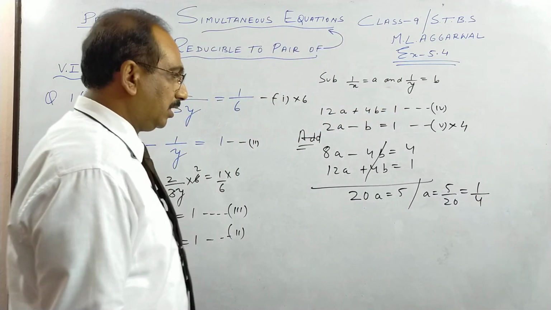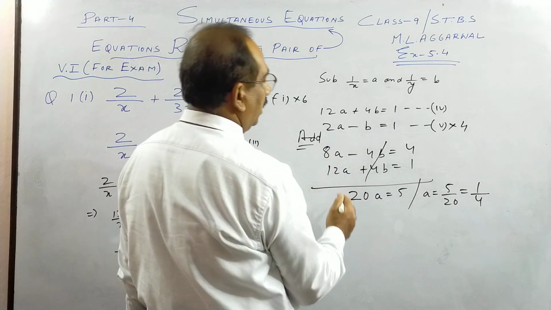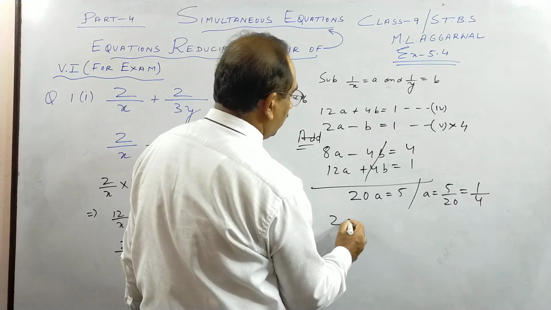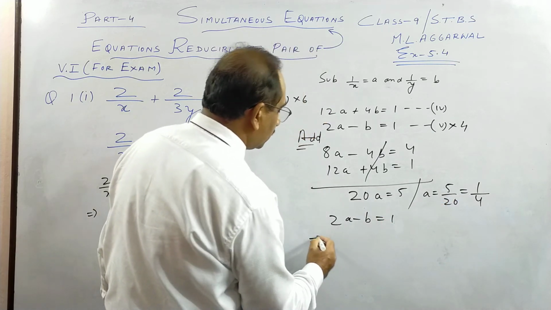Five 4s are 20. Copy this, and then we find the value of b. You see 2a minus b is 1, so a's value I'll substitute here.